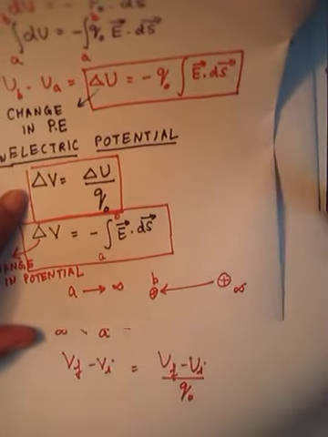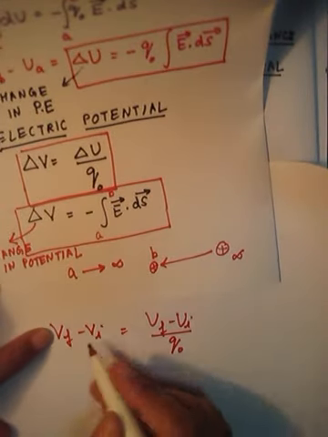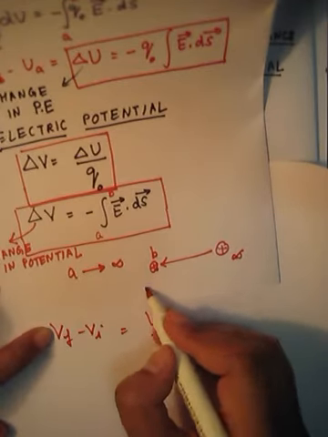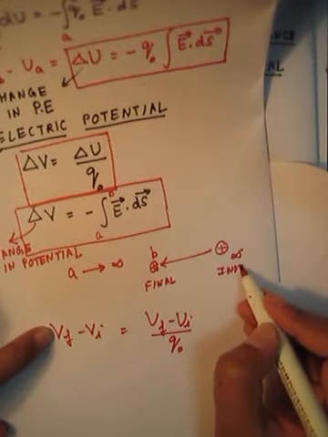Let's take it in this manner so that it is easier to understand. So initial is infinity, final is B.